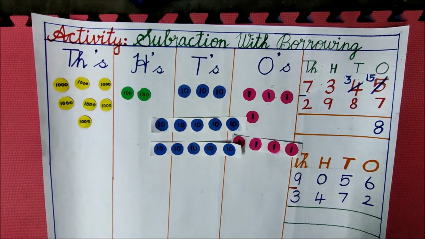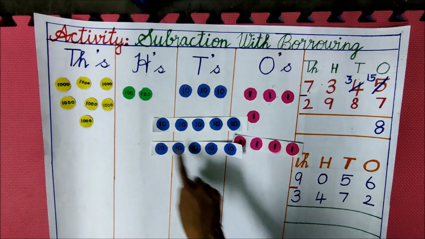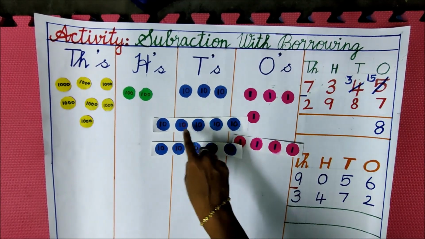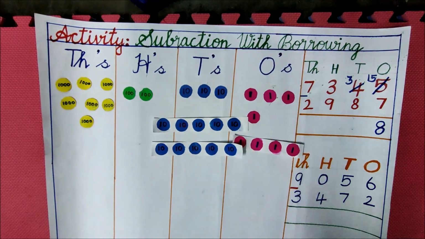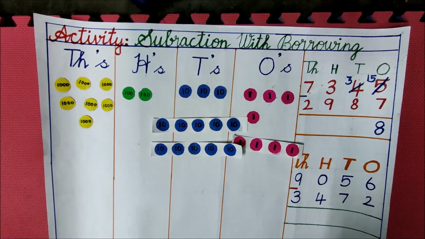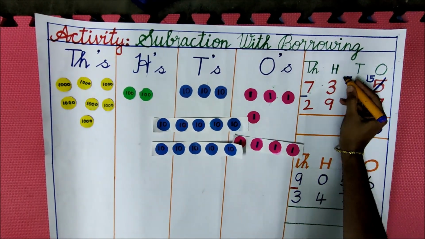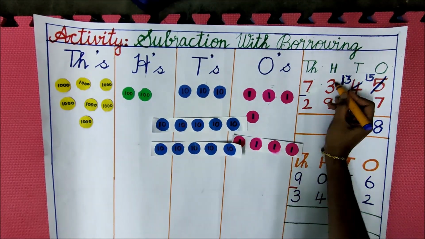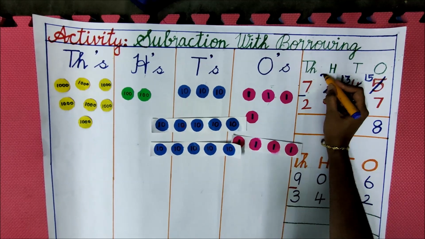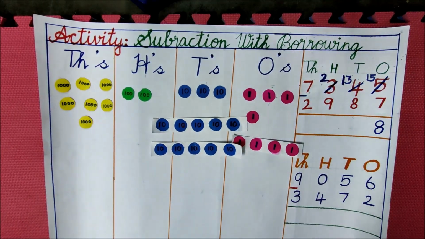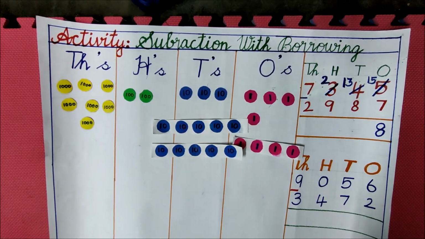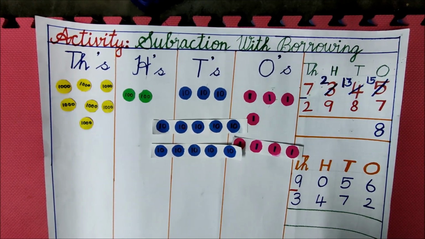Now this becomes 13. 5, 10, 11, 12, 13. So this becomes 13. And in the hundreds place we have 2. Okay children, now from this 13 I am going to take out 8.